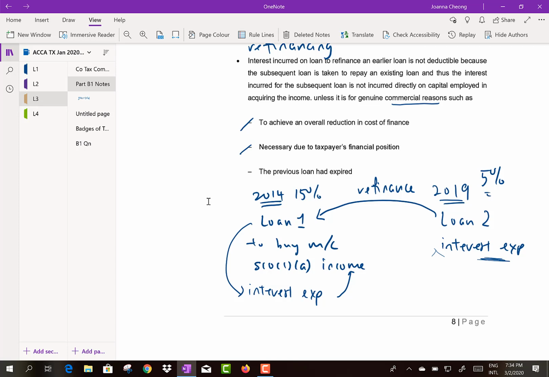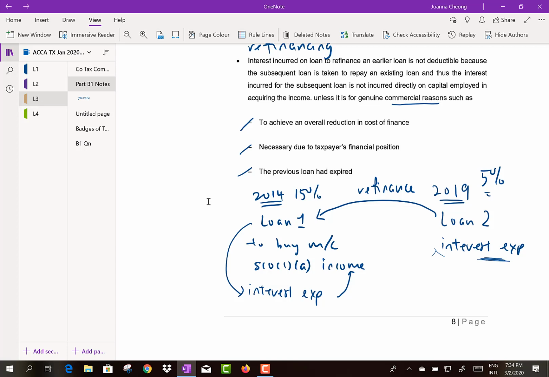So if there's a reason, then probably you can use it to argue, and then your interest expense on the second loan will be deductible. Or maybe the previous loan expired, but you have no money to pay the capital, so you can do the refinancing. So this will be a situation whereby the interest on the second loan will still be deductible.